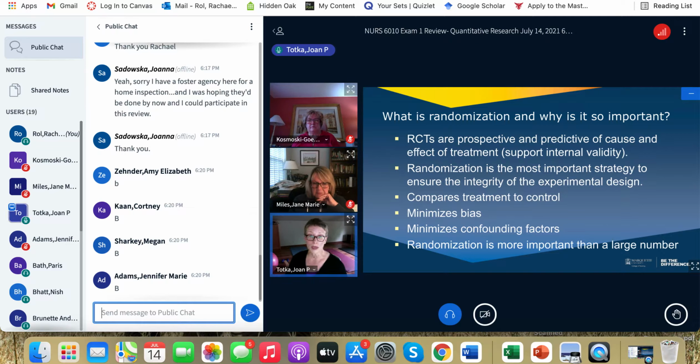Randomization is the most important strategy to ensure the integrity of the experimental design. It compares treatment to control, minimizes bias, and minimizes confounding factors. Randomization is more important than a large number. Look at 50,000, but if it's not randomized, it still is not going to predict that the treatment is the cause.